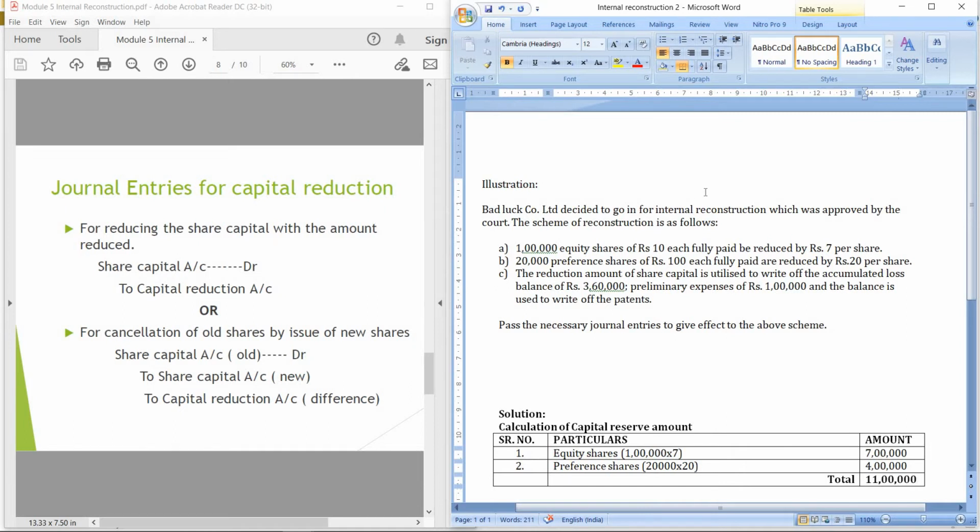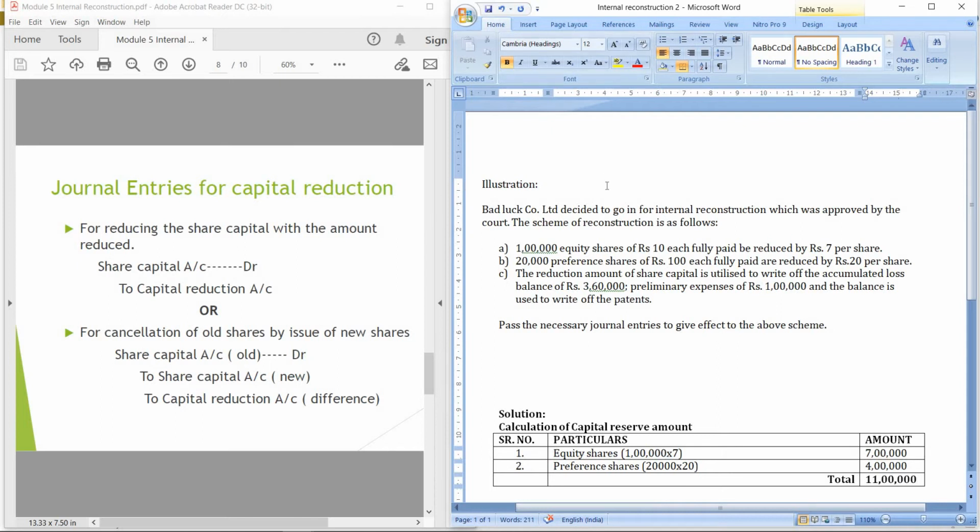So here we are reducing the share capital, and we have to pass this entry: share capital account debit to capital reduction account, and the amount will be the amount of capital reduction. Now look at the second point. 20,000 preference shares of rupees 100 each fully paid are reduced by rupees 20 per share. So in both the entries we are reducing the share capital. So instead of passing two entries, we will combine them into one entry.